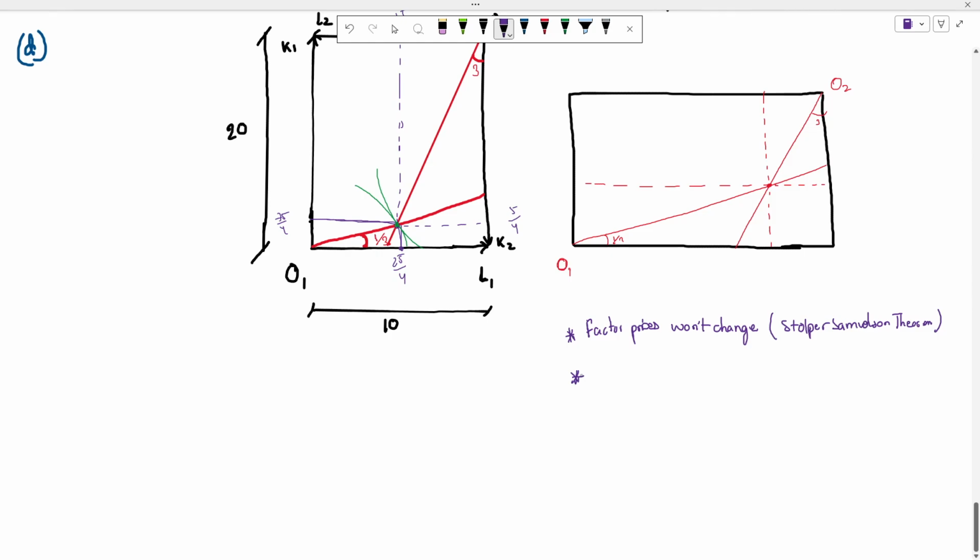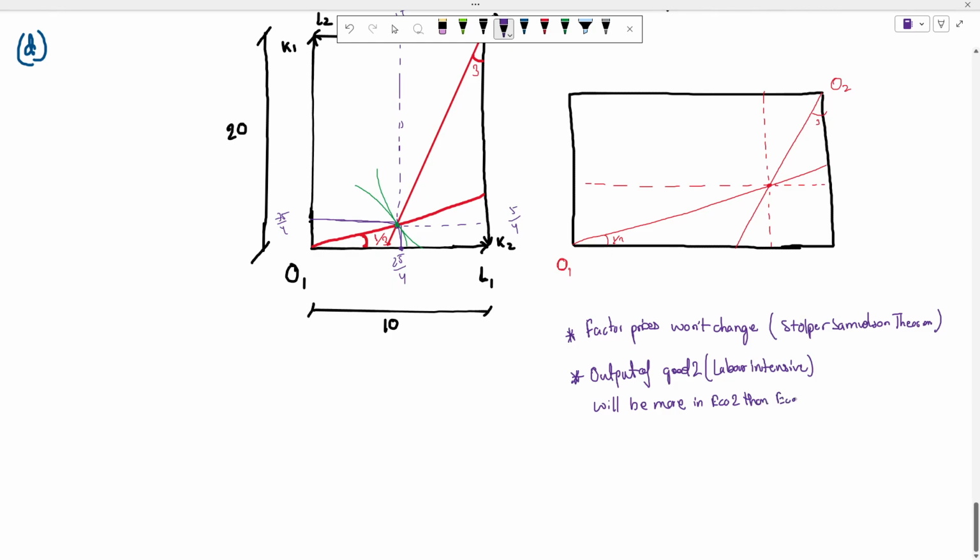How is the level of output going to differ? The output of good 2, which I hope was labor intensive, will rise, will be more in economy 2 than in economy 1.